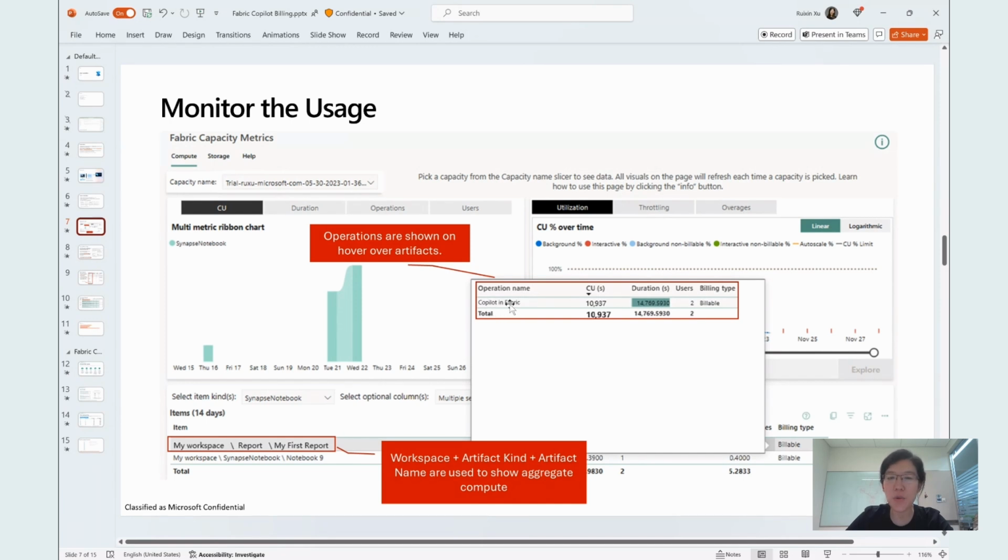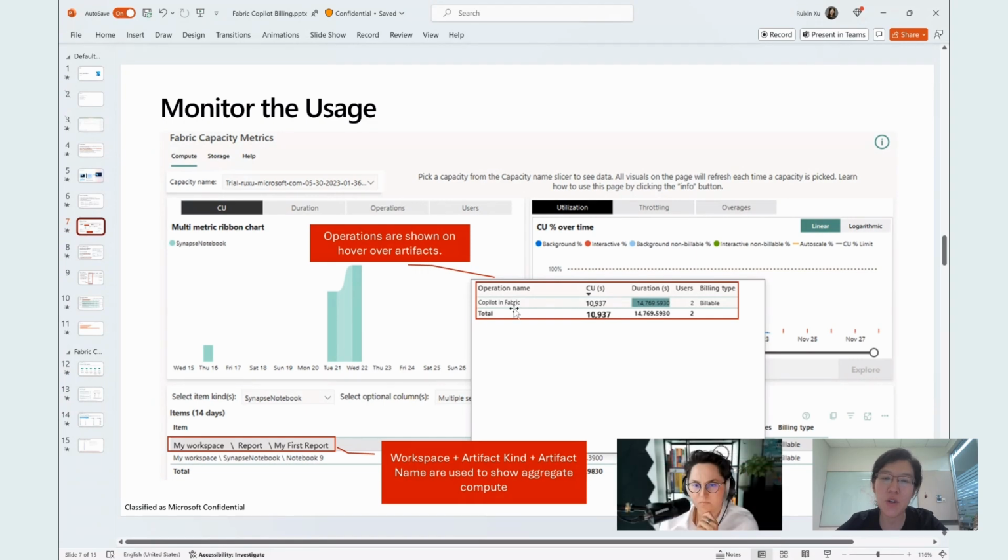We use this operation to show all the consumption you have spent for Copilot on this artifact. I will show you an example later. But here is how the information is exposed. Microsoft Fabric has done all the aggregation and calculation and shows you the capacity units you have spent on your Copilot.